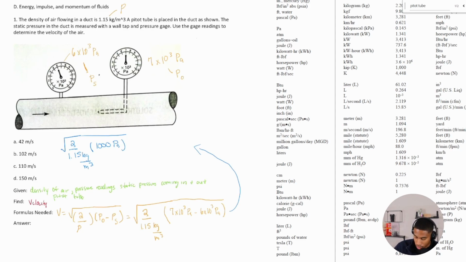So 1 Pascal is equal to 1 Newton over meter squared.